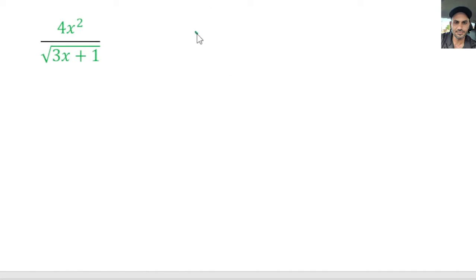So we have u equals 4x squared and v equals square root of 3x plus 1, but I'm going to write this in exponent form, 3x plus 1 to the 1/2. And now let's take the derivative using the quotient rule.